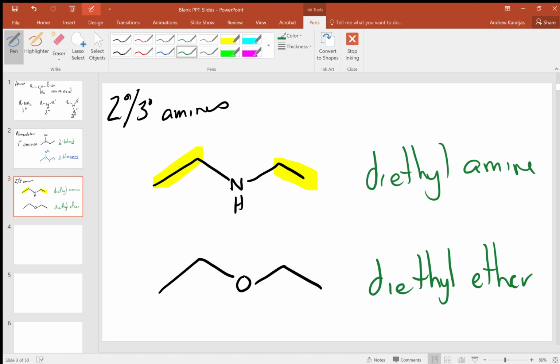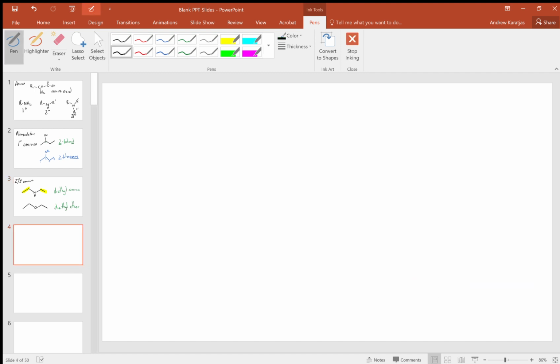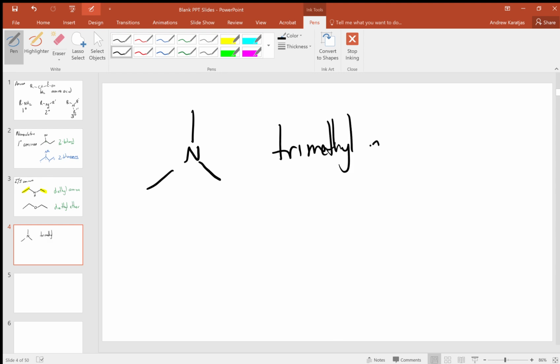So for a lot of amines, we're following rules that we've already learned before, being the alcohol rules for primary amines, and many secondary and tertiary amines look just like ethers. So this being an amine that has 3 methyl groups, we would call it trimethyl amine.